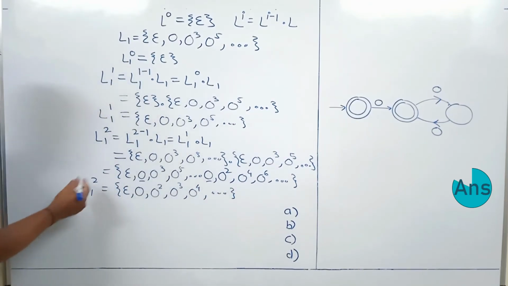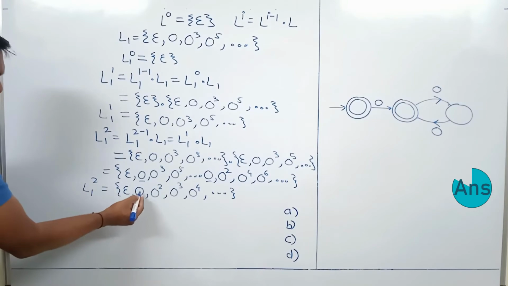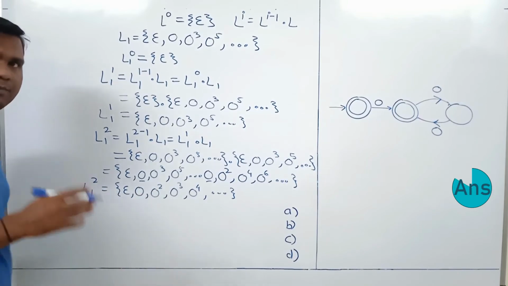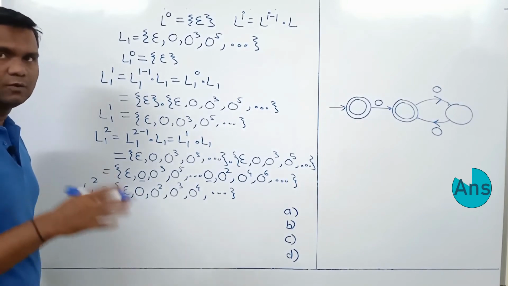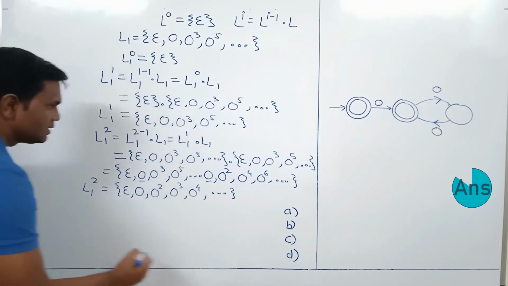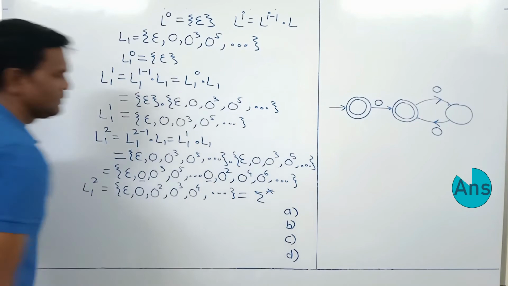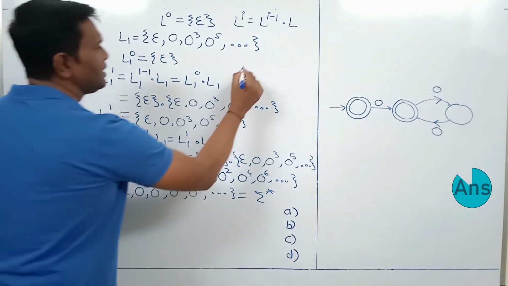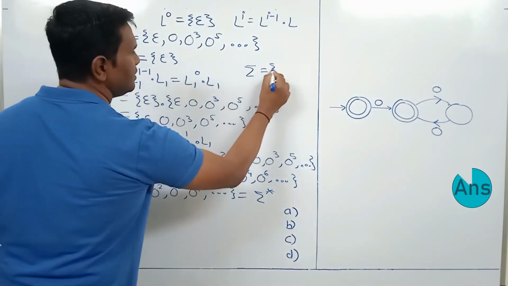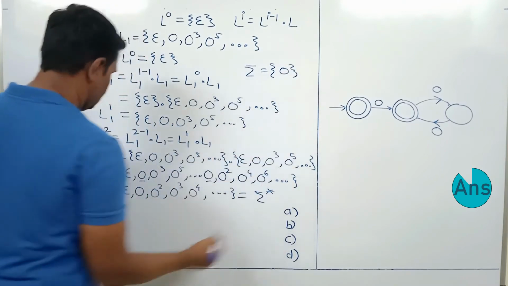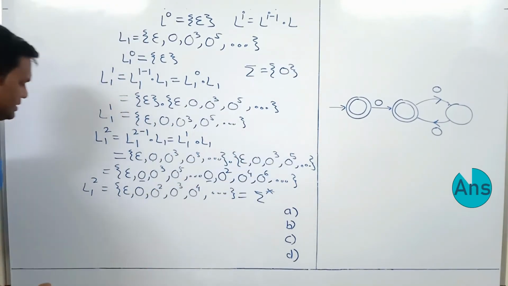It means it contains all the powers of 0. So this is actually sigma star. The alphabet contains only 0. So L1 power 2 is sigma star.